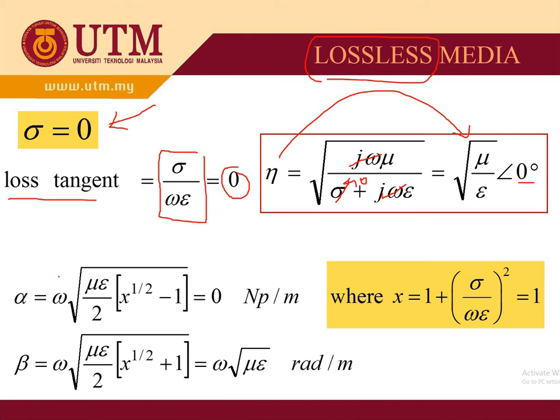Next, for the alpha and beta, the alpha equals 0 in the lossless media, and the beta equals omega square root of mu epsilon.